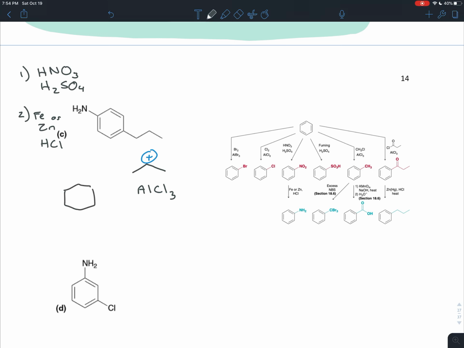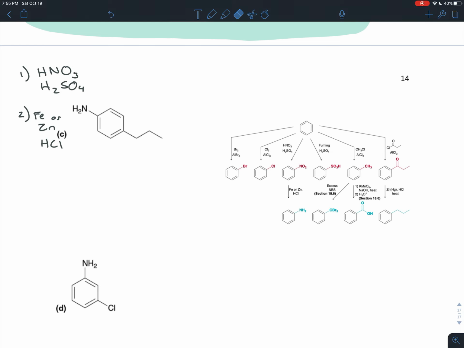You would have it attach like this, because the nucleophile will attack this electrophilic carbon. So you can't do Friedel-Crafts alkylation because of that carbocation rearrangement. And if that's confusing to you, I would encourage you to go back and watch the video for the mechanism of Friedel-Crafts alkylation, where there's an example of a carbocation rearrangement.